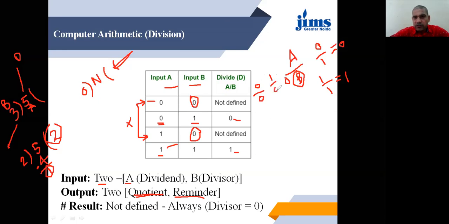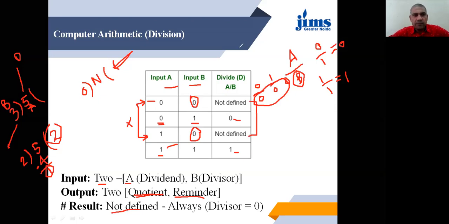And as I told you, when any number is divided by 0, then it is not defined, or it is undefined. So result is not defined always, as we discussed in these two situations.